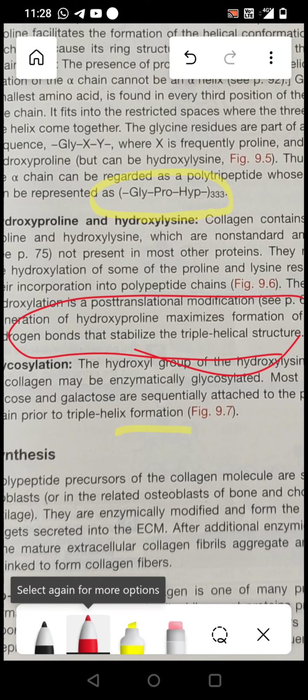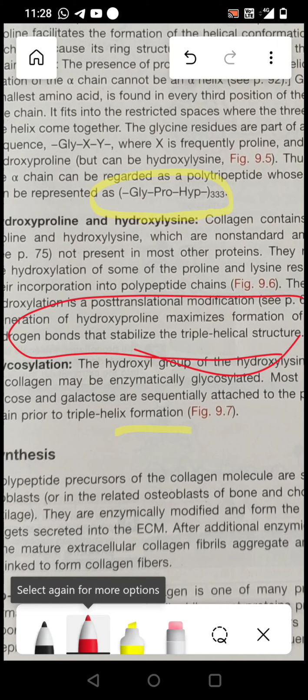There is also glycosylation. The hydroxyl group of the hydroxylysine residues of collagen may be enzymatically glycosylated. Galactose and glucose are attached to the polypeptide chain by glycosylation, which is also a post translational modification.